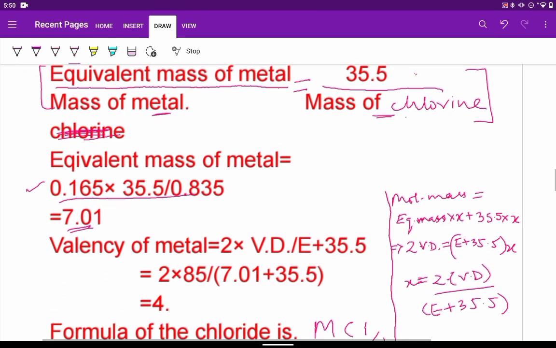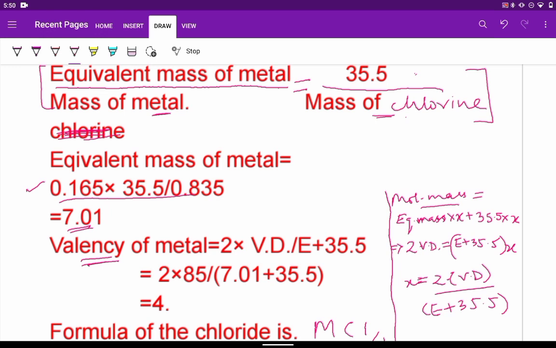Now see, there is one more equation. I will tell you how to derive this, how we find the valency of the metal. See, we know molecular mass is equal to the molecular mass of that element, which is a chloride. So molecular mass of the chloride will be equal to equivalent mass into X. Okay, how do we divide the molecular mass?